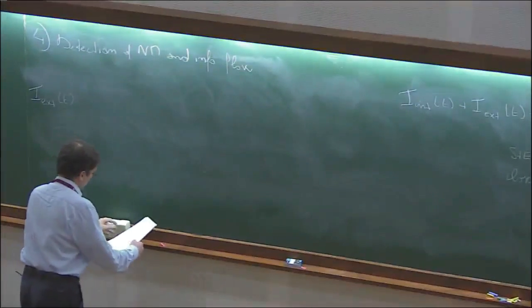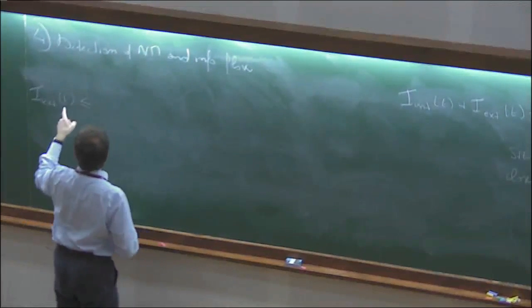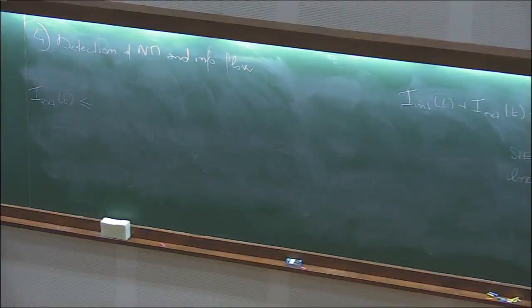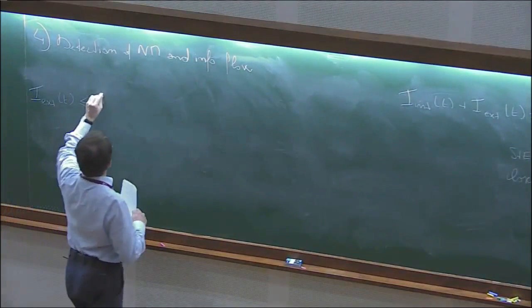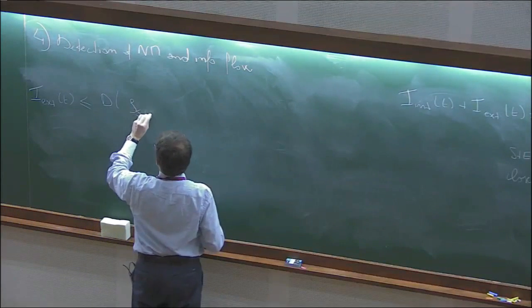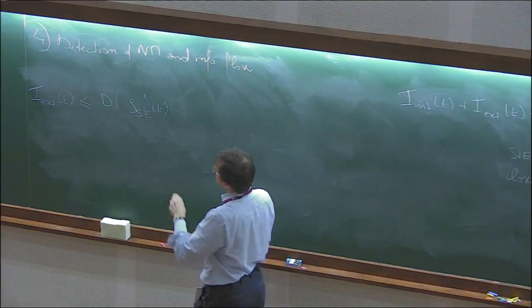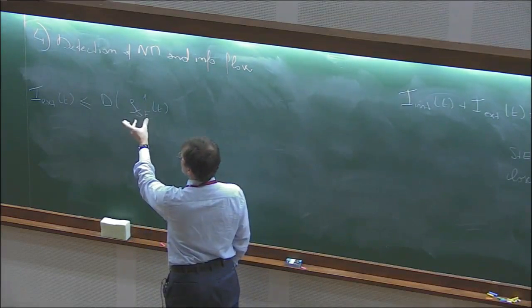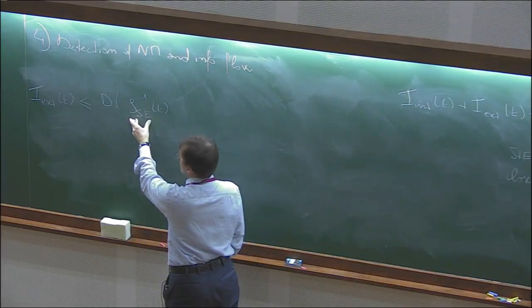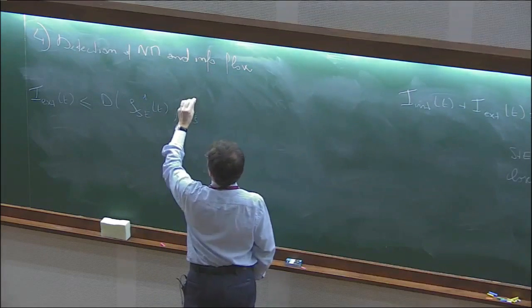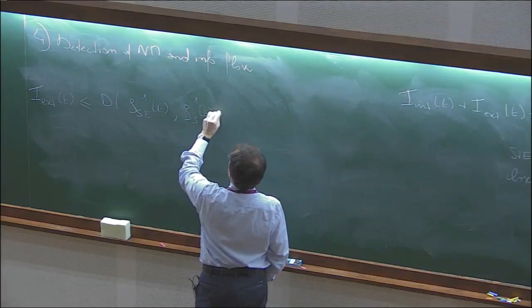This external information as a function of time is bounded above by the trace distance between the time evolved state of the first choice for initial state of system and environment with respect to the product of its marginals.